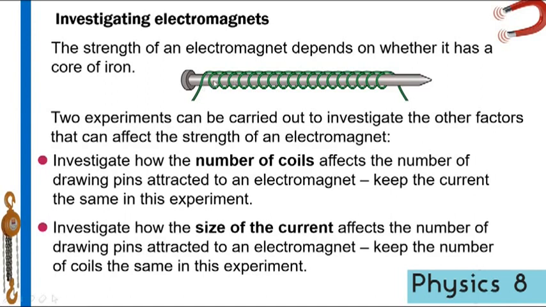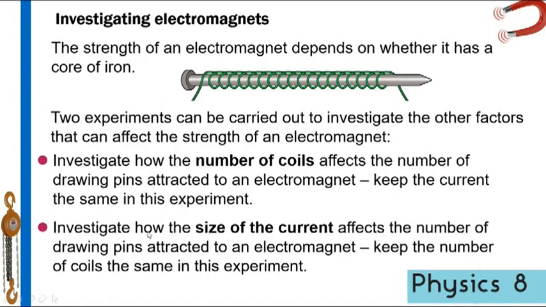So if we increase the coils of wire, does that have an effect on the magnetic field generated by the electromagnet? We're going to see that by doing this experiment, whereby we change the number of coils and see how many of these drawing pins will be attracted to the electromagnet. We will keep the current the same while we do this experiment.